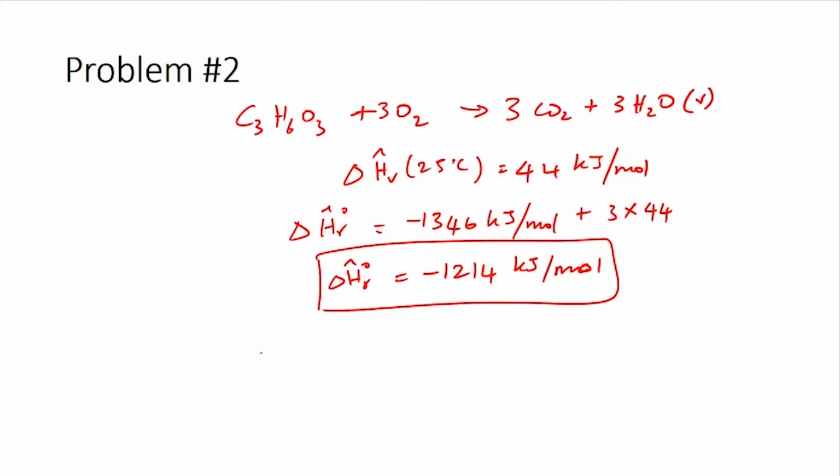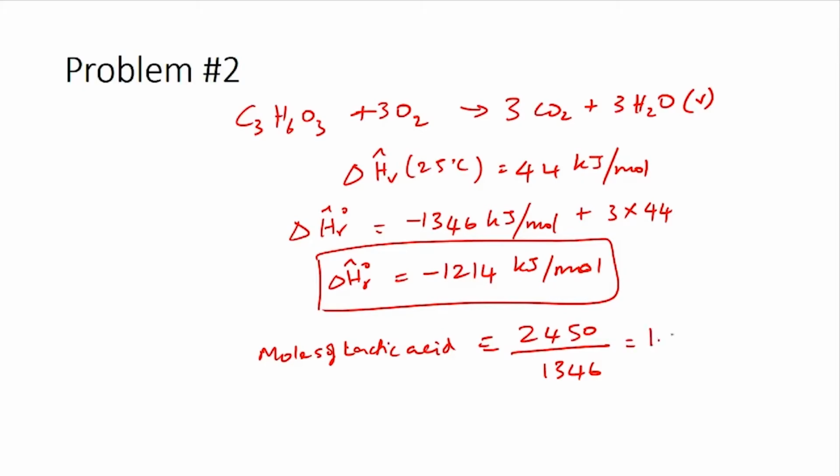So, that would mean moles of lactic acid combusted would be equal to 2450 divided by 1346, which is the 1346 kilojoules is the amount of heat which would be released when 1 mole of lactic acid is burnt.